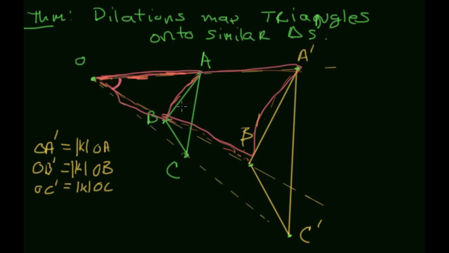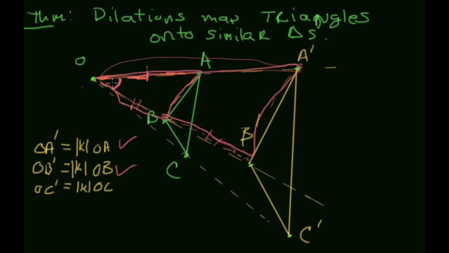All right, now I know here that I have proportional sides, right? So OA is to OA prime as OB is to OB prime, because that's in these two statements.